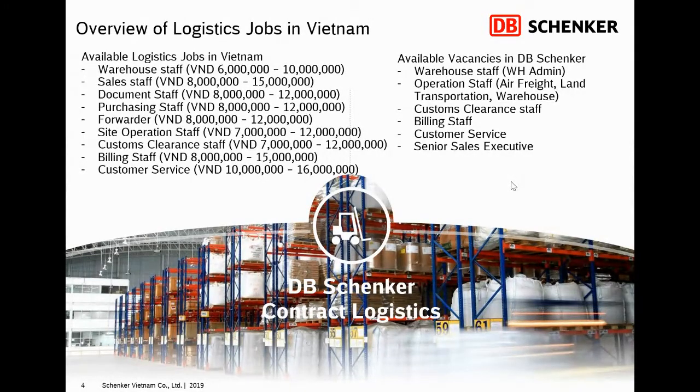We need operations staff from the air freight department, for land transportation, for warehouse, and we need customs clearance staff, billing staff, customer service, and senior sales executive. Of course, for the vacancies in Vietnam, some have a higher gross salary, some lower. It depends on each vacancy you apply for.